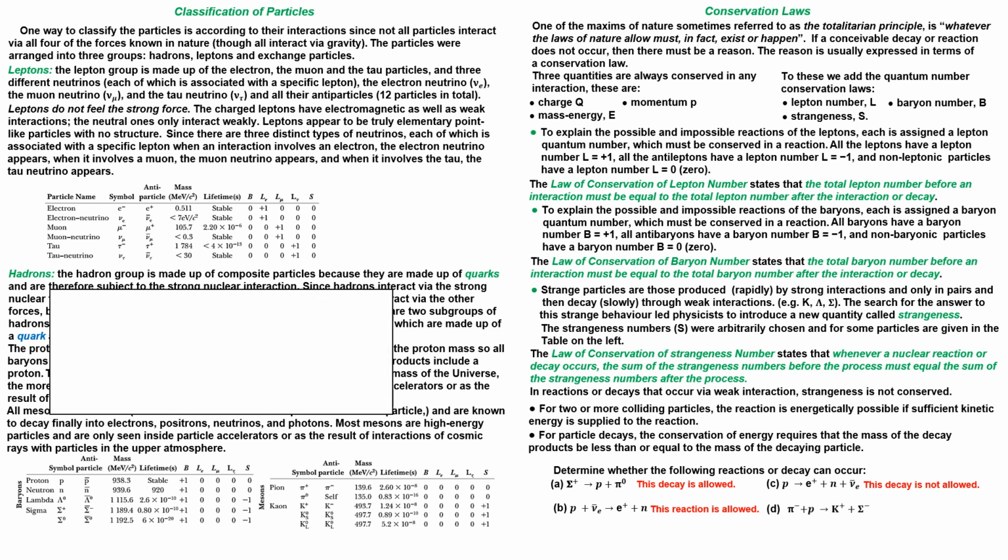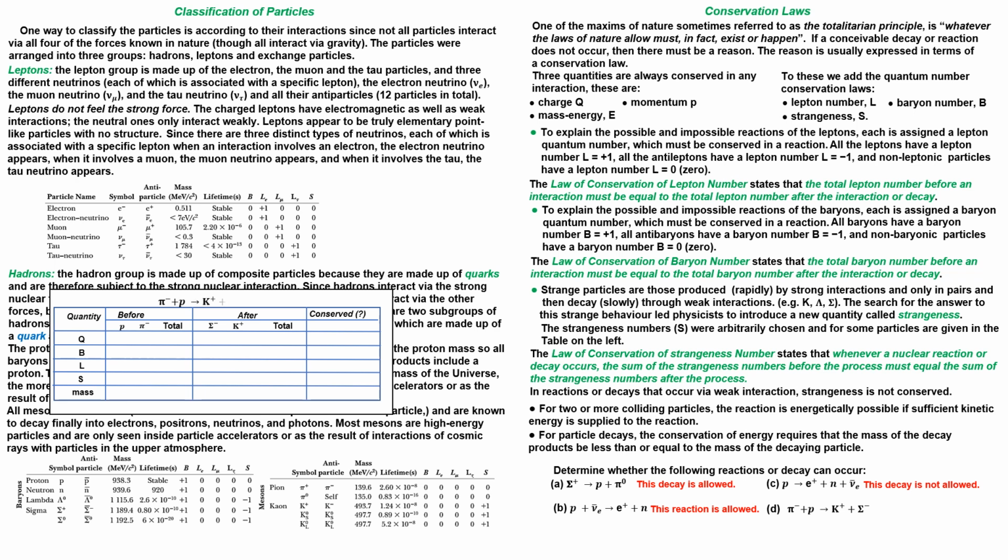Let's see another example. The net charge is zero before and after the decay, so the charge is conserved. The baryon number is 1 before and after the decay, so the baryon number is conserved. There are no leptons in this decay, so there is no problem with the conservation of lepton number.